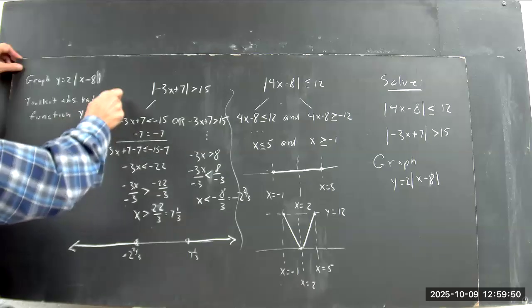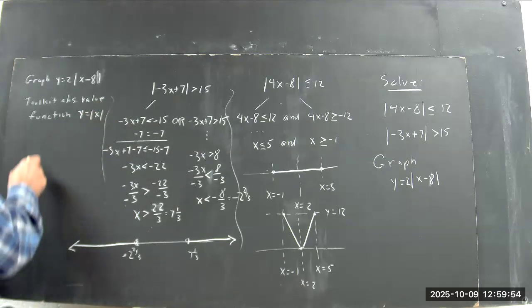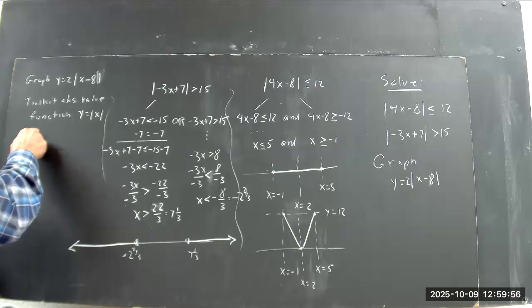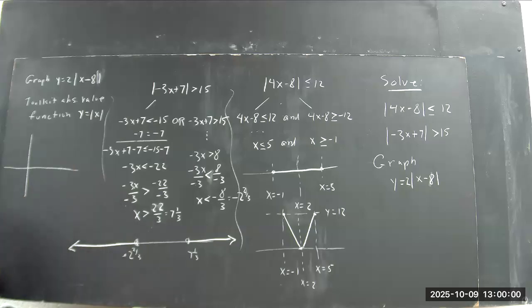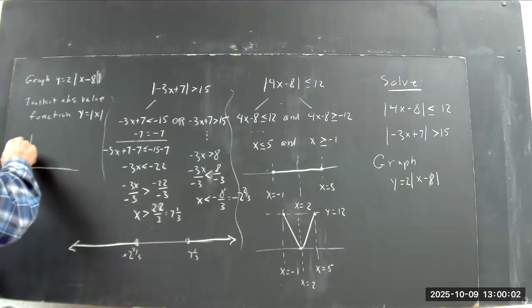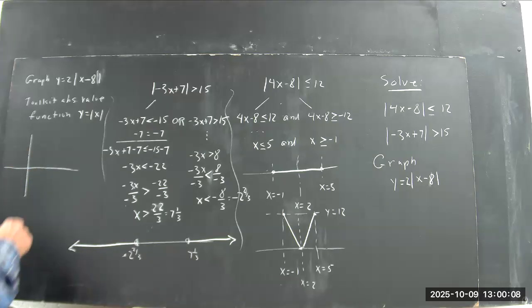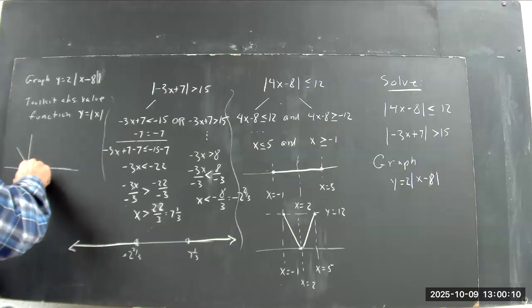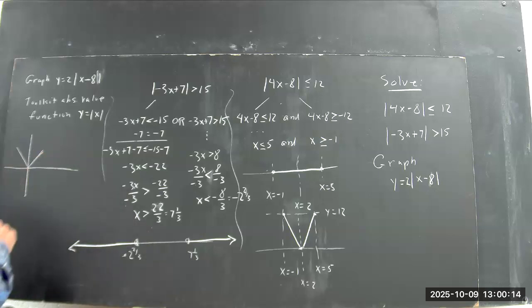Look at absolute value function is y equals absolute value of x. It has a graph. It looks like this. And I'm gonna, well, look it up. The graph looks like this.